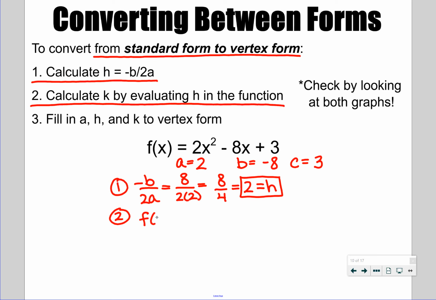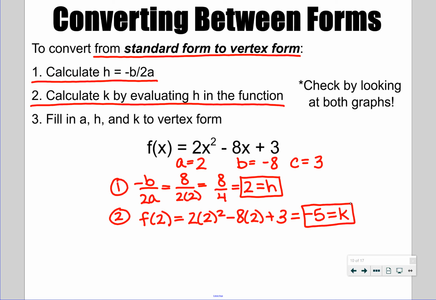So again, this is what we were doing before to find the second part of our vertex. We just plug the first number we get, 2, into the equation. 2 times 2 squared minus 8 times 2 plus 3. So that's going to give me 8 minus 16 will be -8 plus 3 is -5. And again, that's the second half of your vertex, or your k value.